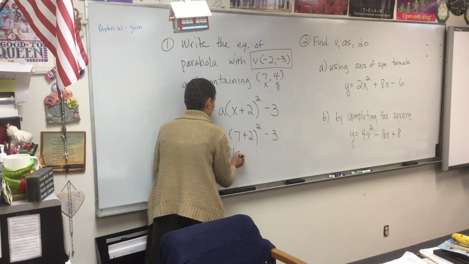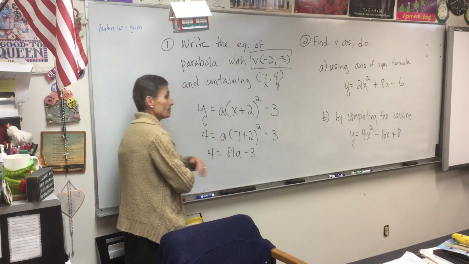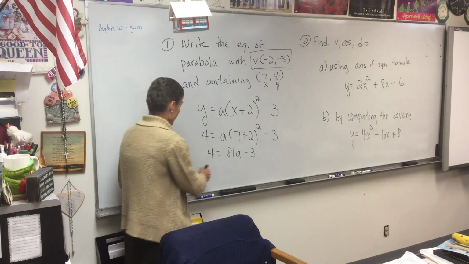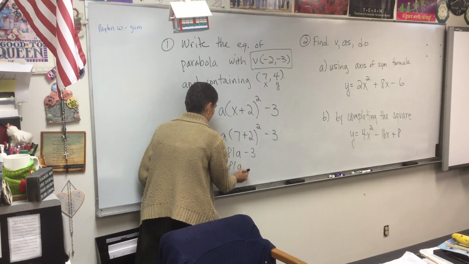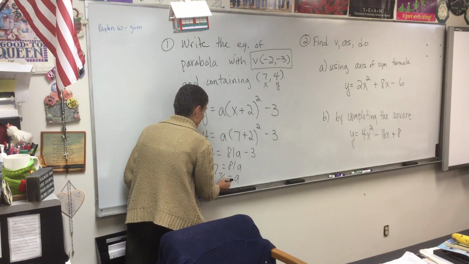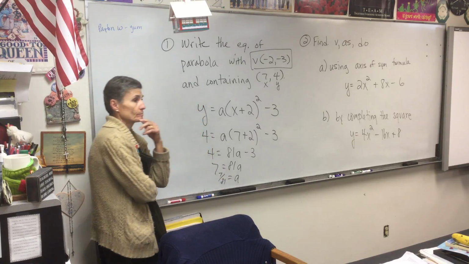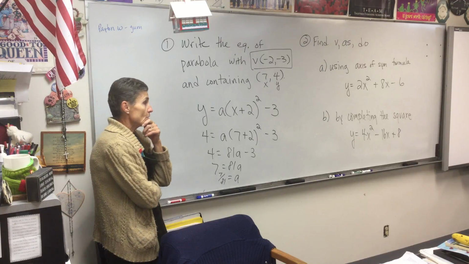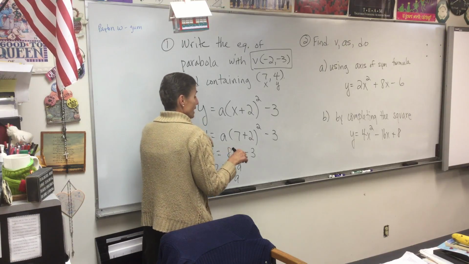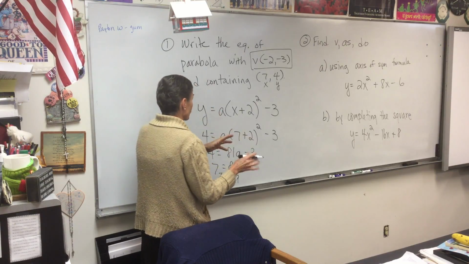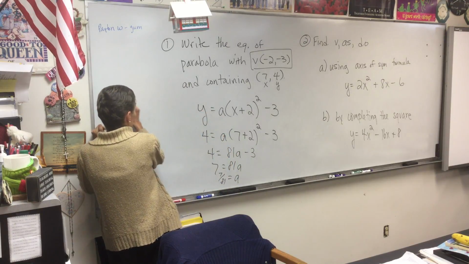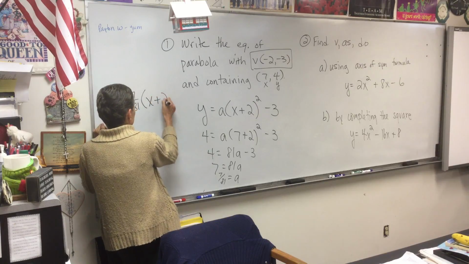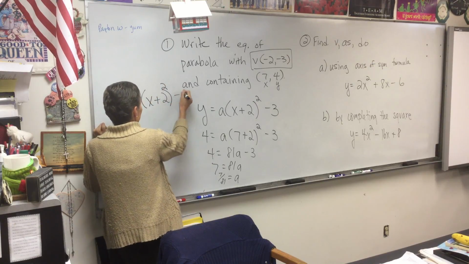So we have 81A minus 3. Do not combine the 81 and the 3. Move the 3 over. So A equals 7 81sts. So you wrote down and circled it: y equals 7/81 times (x plus 2) squared, minus 3.